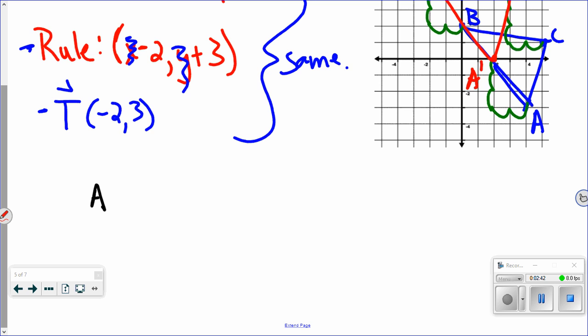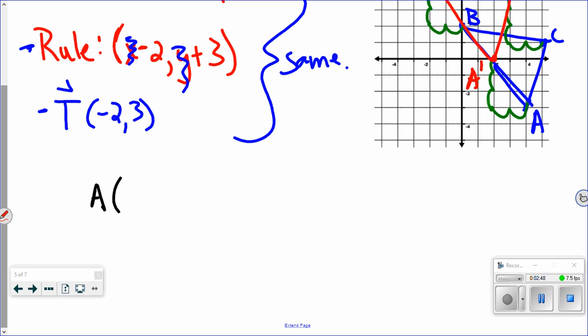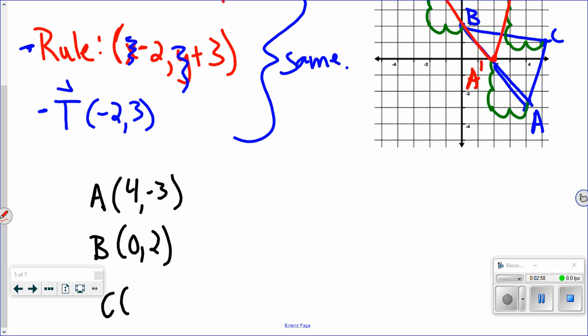Let's rewrite our points. A was 4, -3. B was 0, 2. And C was 4, 1.